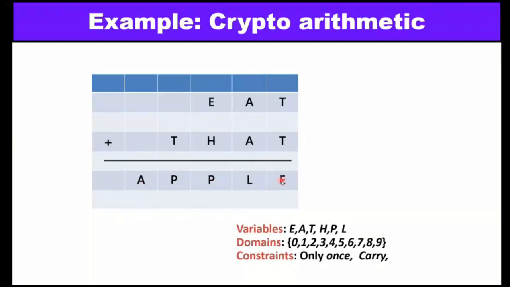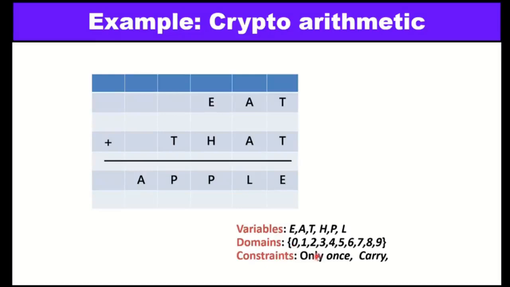So now variables: the given problem contains all the letters, which are the variables. Each appears only one time as a variable, even though many letters occur many times, like A, but the variable is A only. Then domains, that means domain values. So here numerals 0 to 9 are to be applied. Constraints, that is the conditions.